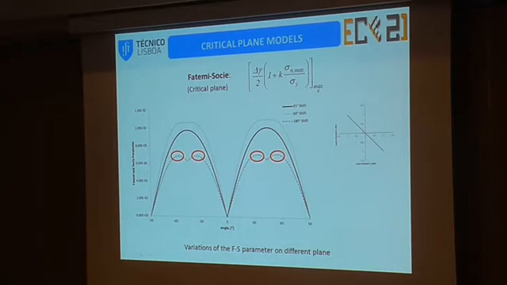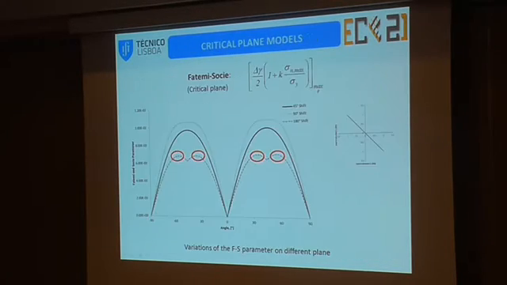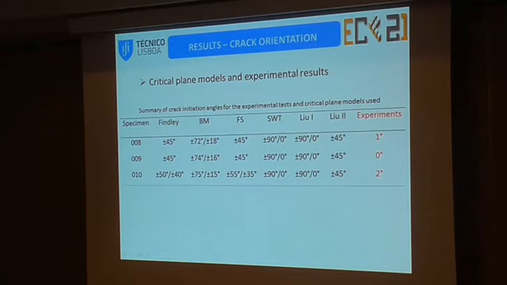These 4 critical points appear here at minus and plus 55 degrees. Moving on, we obtain all this data. These are the critical points for the different critical plane criteria, and we have done this for all 4 out-of-phase loadings; the results appear here.